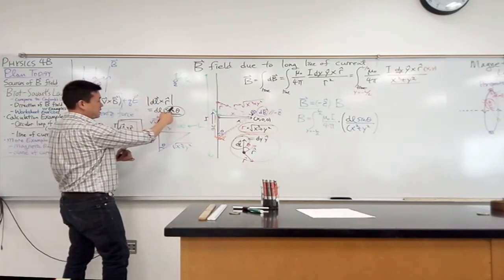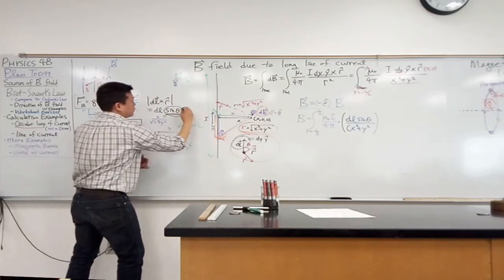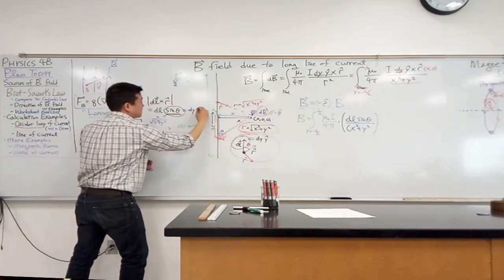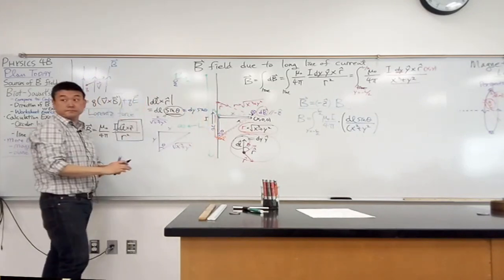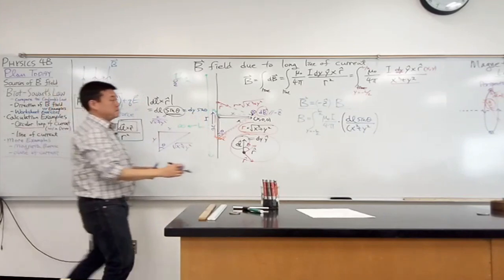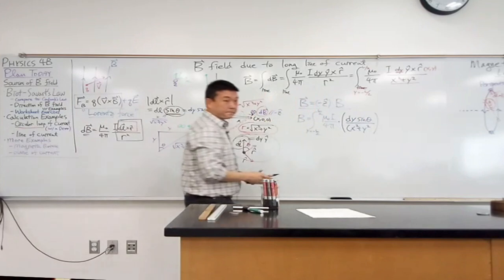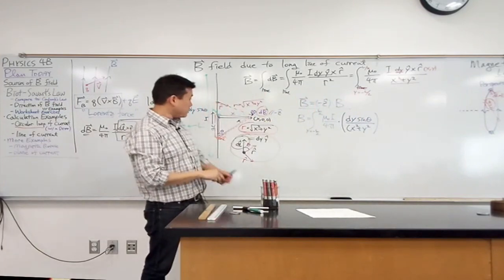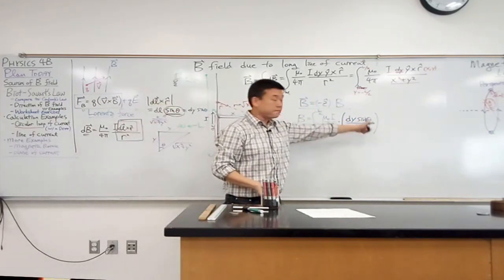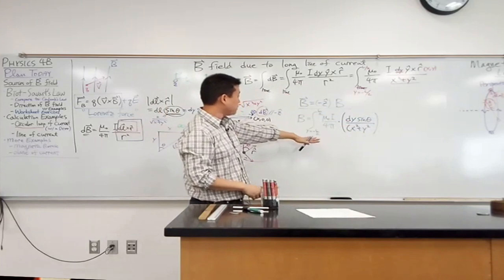So this dl sine theta for this particular geometry, it's going to be dy sine theta. Right? So let me just replace this L with a y. dy sine theta. So, all right, I need to write out what sine theta is before I can do this whole integral.